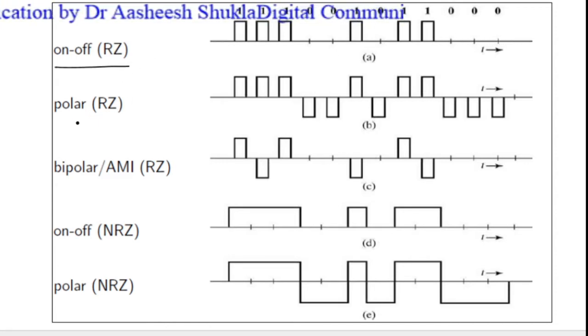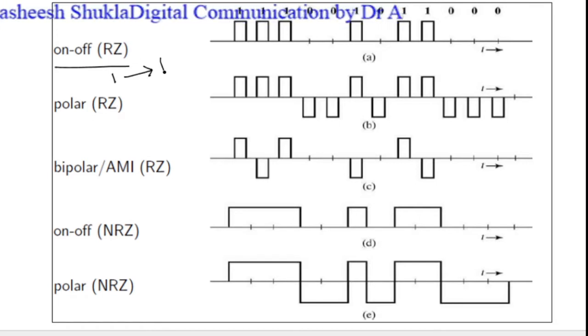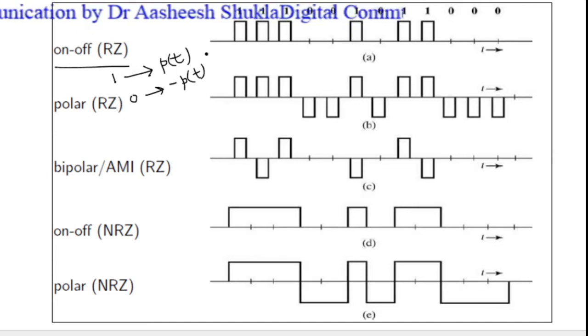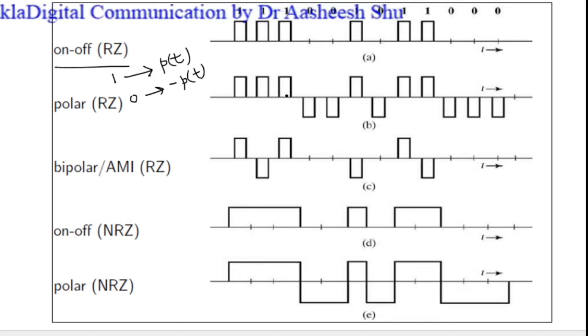For polar signaling, normally 1 is represented by a pulse p(t) and 0 is represented by a pulse minus p(t). For example, for 1 the pulse is p(t), for the next 1 we again have pulse p(t), and for 0 the pulse is minus p(t).